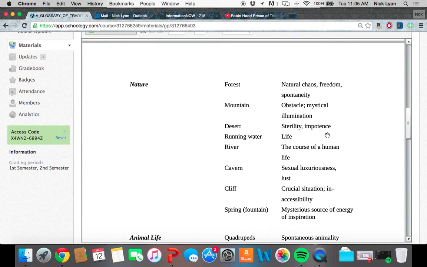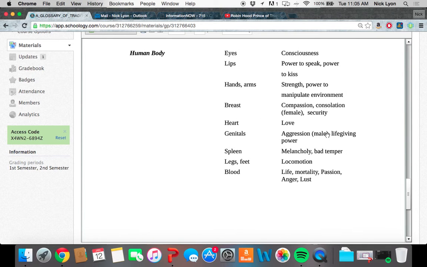That's what baptism represents, the idea of being rebirthed. Because when babies are born, one of the things that happens is there's water that comes out with it. And so that's why that kind of represents that. Animals, human body, it's pretty interesting stuff.